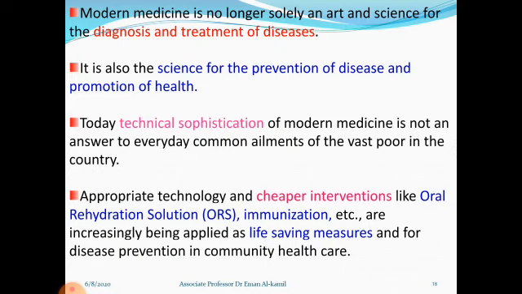So it is important to elaborate the role of this treatment in decreasing mortality in patients who have diarrhea.